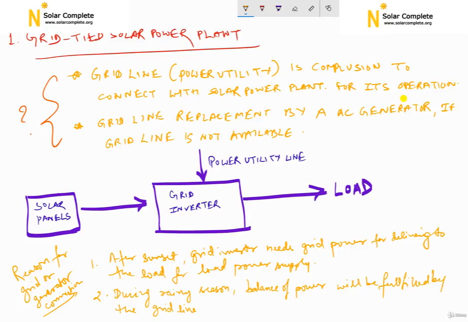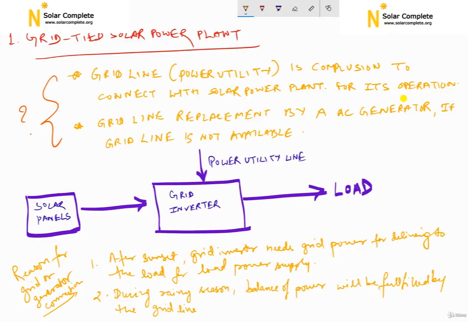Okay, so for the synchronization process to happen, the voltage, frequency and phase of the power utility line and the load side consumption demand, that is the load side voltage demand, frequency demand, and phase demand, should be the same, and the same thing should be provided by the solar panel also.